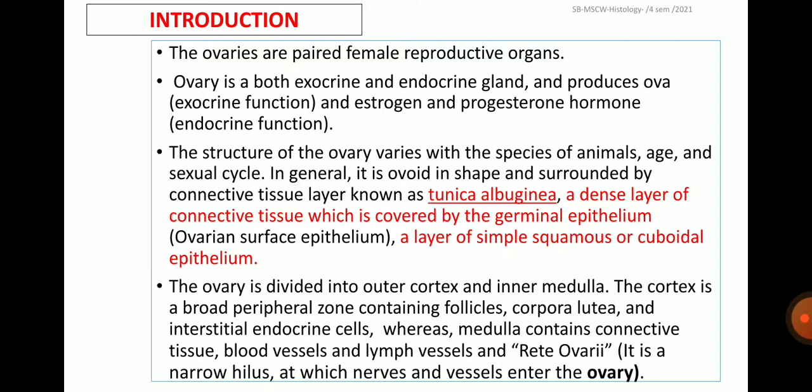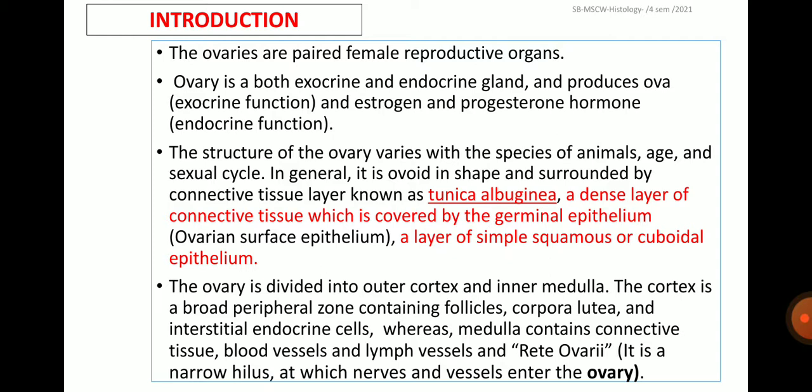Embedded in the highly vascularized connective tissue of the ovary cortex are many tiny sac-like structures called ovarian follicles, which are produced under the influence of FSH, that is follicle stimulating hormone, secreted by the anterior lobe of pituitary gland.